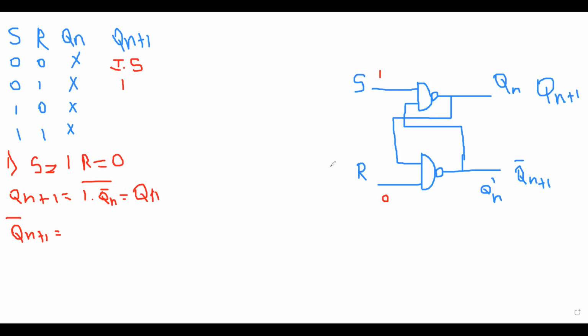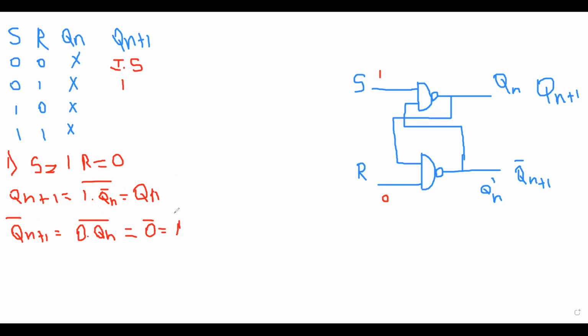And here 0 into Qn whole bar. 0 into anything is equal to 0. And here bar, so 0 bar is equal to 1.